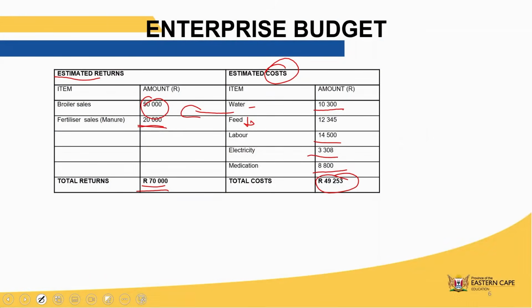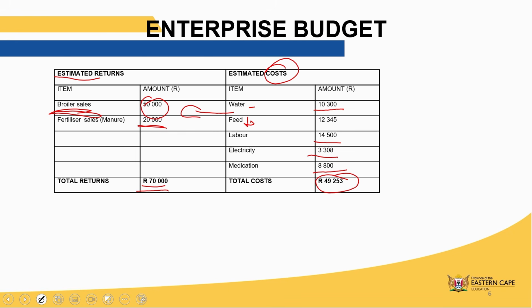It was 3,308 rands. We have the medication for these broilers still. So it is 8,800, with a total of 49,253. So all these costs are directed to these broilers.